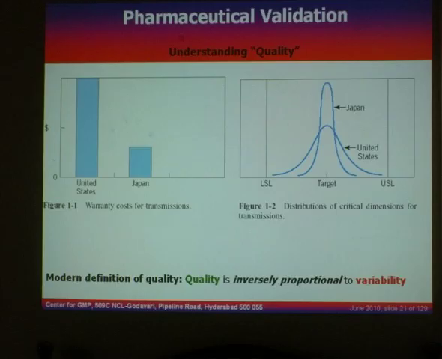Their spread, or 6 sigma, is only 3 mm. So you have 6 divided by 3. So they had a process capability ratio of virtually 2. And that's the reason why the warranty costs were low and the consumers found the use of the transmission a delight.